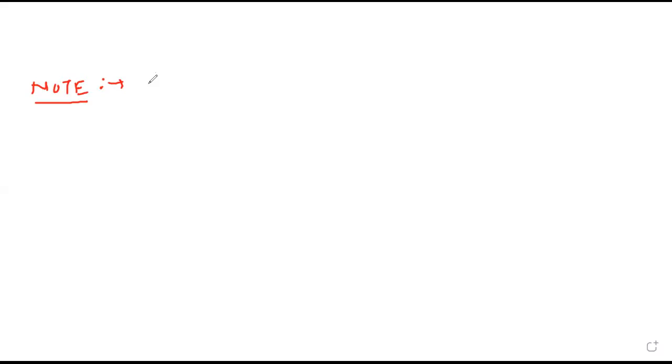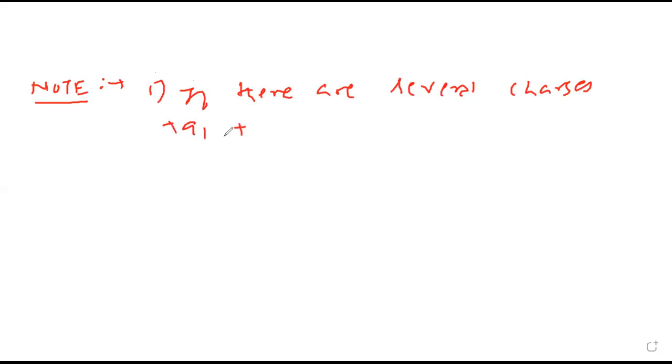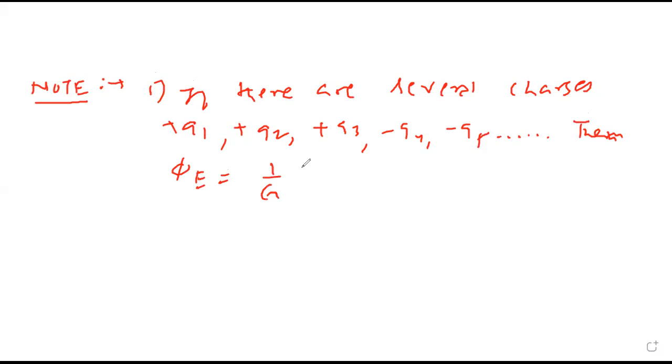See, suppose there are several charges, few positive and few negative, minus Q4, minus Q5, and so on, then electric flux will be 1 upon epsilon naught times the algebraic sum of all, Q1 plus Q2 plus Q3 minus Q4 minus Q5 plus and so on.